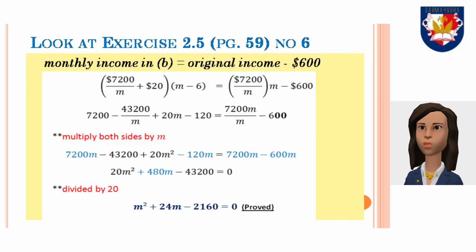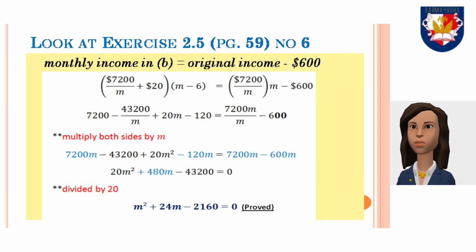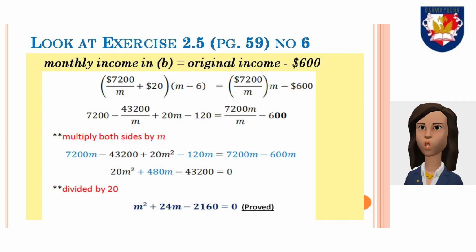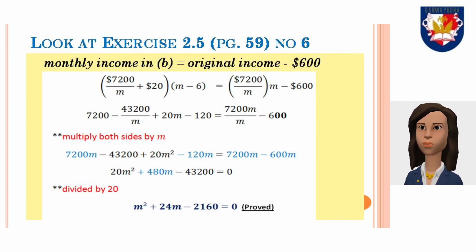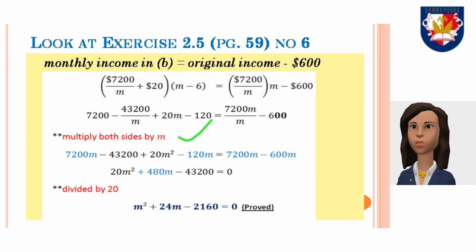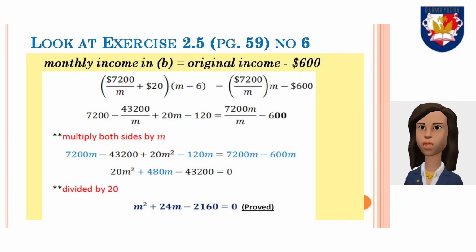Okay, then we simplify the equation. Multiply 7,200 over M plus 20 by M minus 6. After we multiply it inside, then multiply both sides by M, the denominator. Remember how to solve the fractional equations?